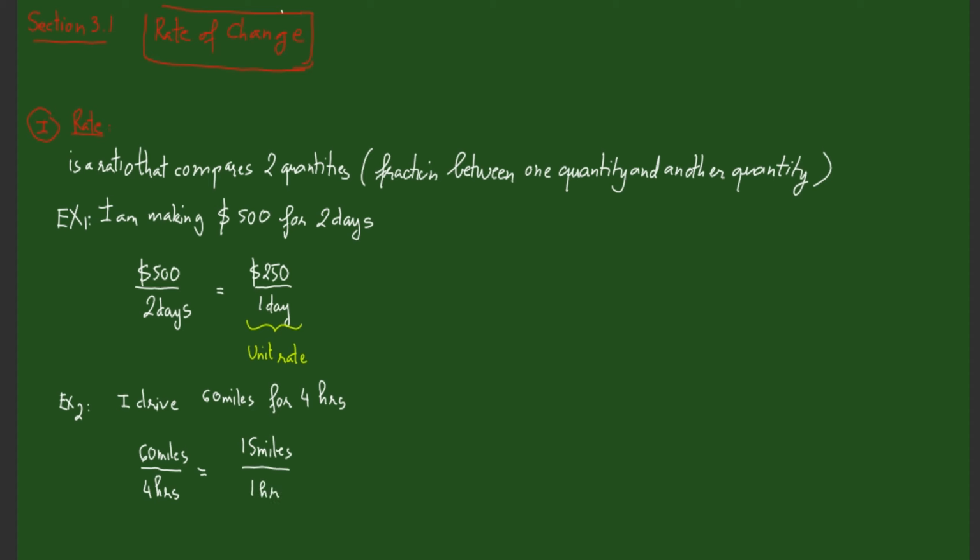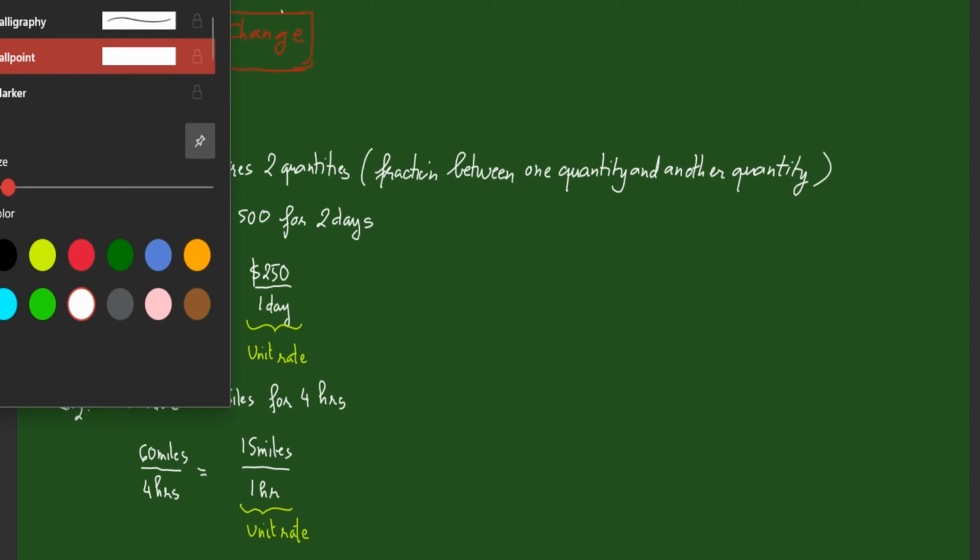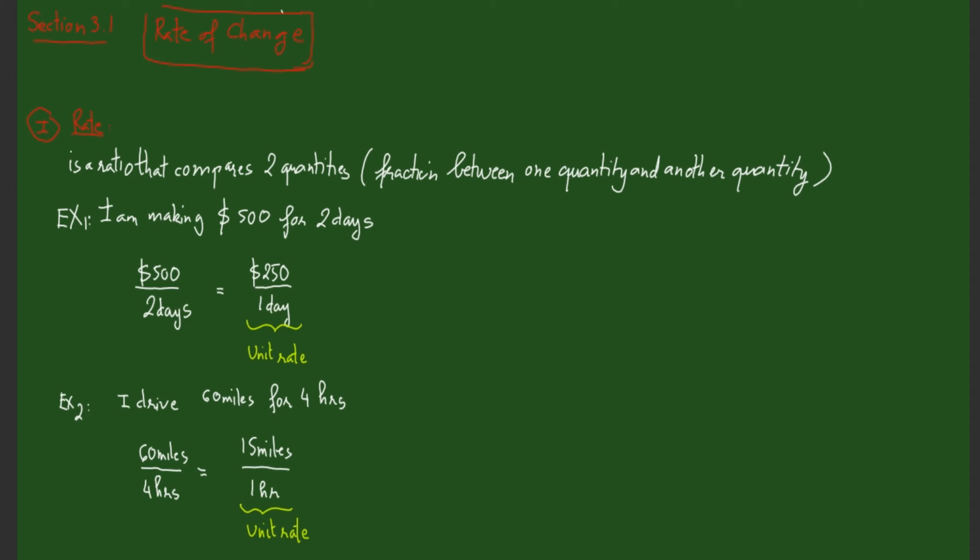So this is the rate, but I can simplify it to the unit rate. So this is also a unit rate. Every rate can be changed to a unit rate if you want to.